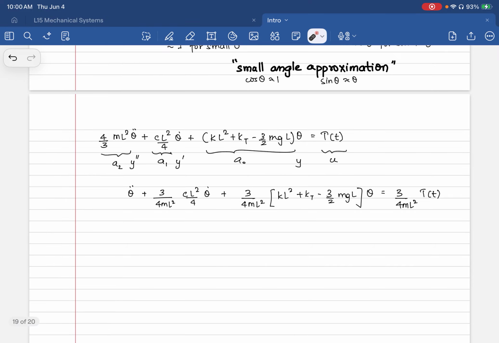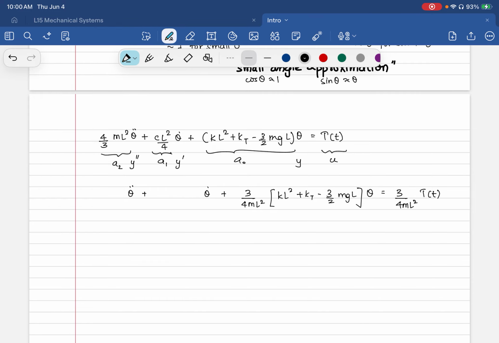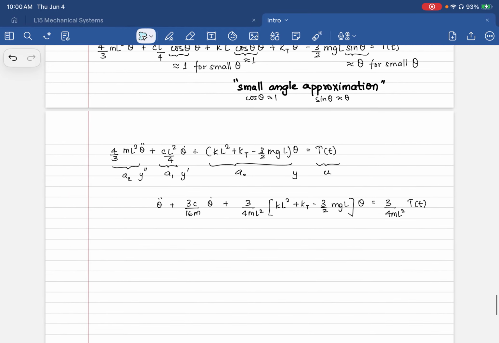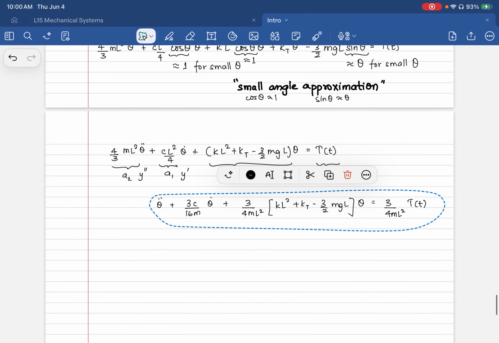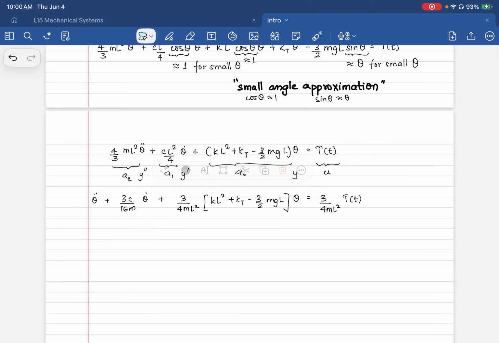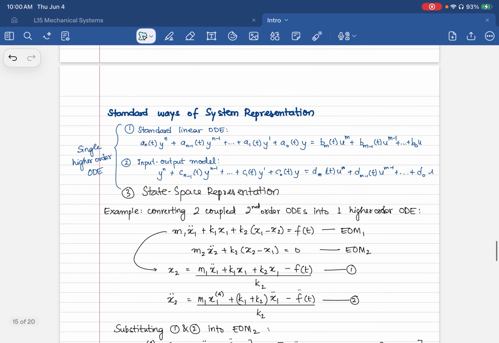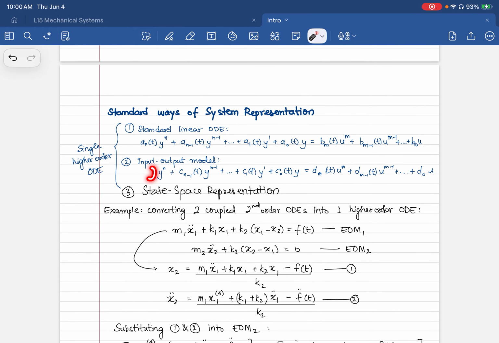In this case, I would simplify this to be 3c over 16m. And this now matches the input output form where the coefficient here is 1.